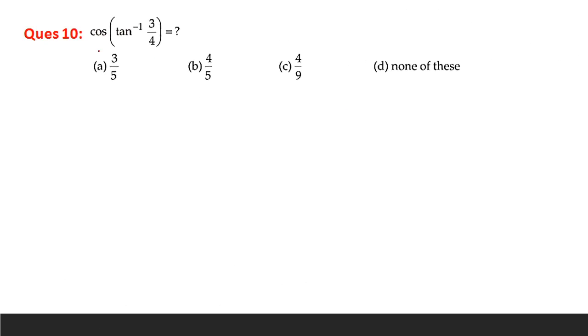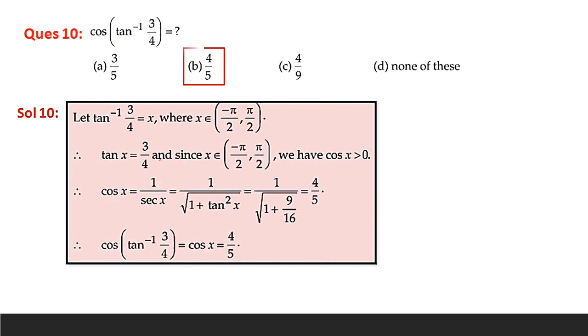Now question number 10, cos of tan inverse 3 by 4. First of all, we have to solve this 3 by 4, and outside we have cos, right? So assume tan inverse 3 by 4 is equal to x. Taking tan to both sides, tan x is equal to 3 by 4.